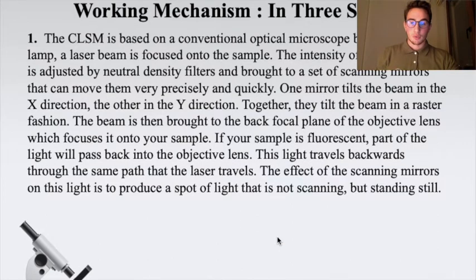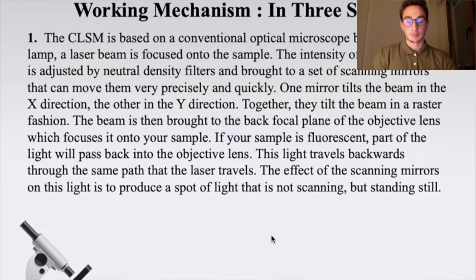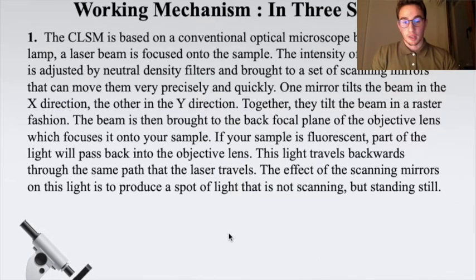So let's move on to the working mechanism in three stages. As I mentioned, in confocal microscopy there is no lamp, we have a laser beam, and we don't capture an image.